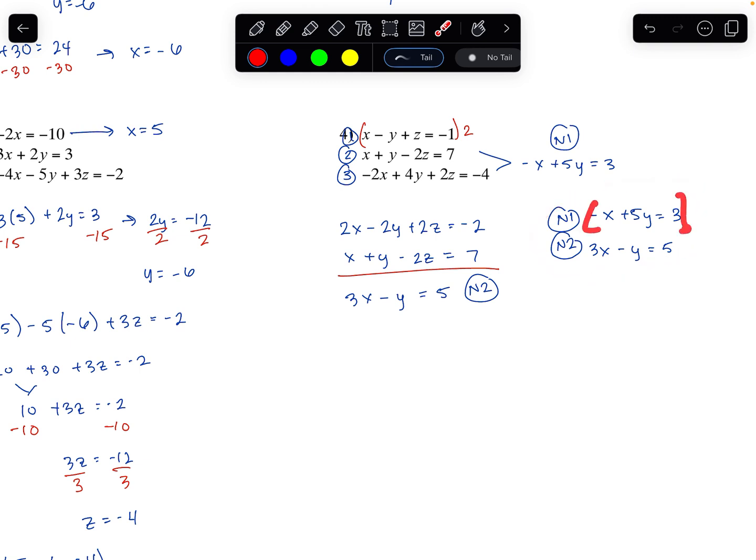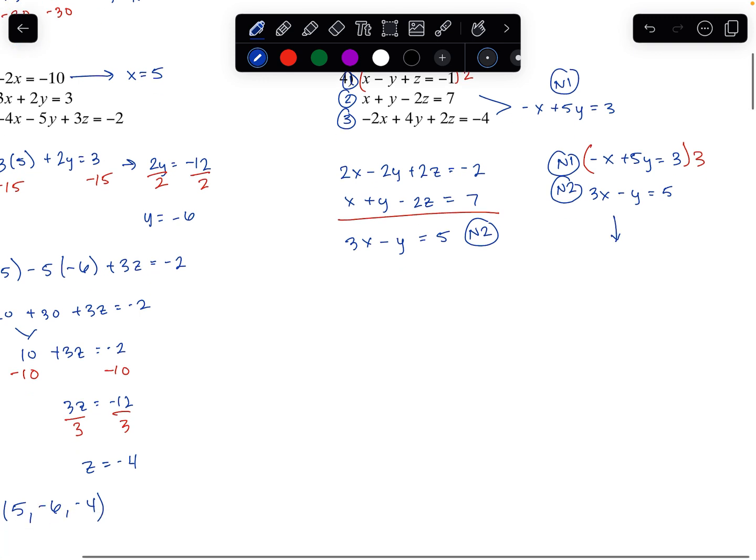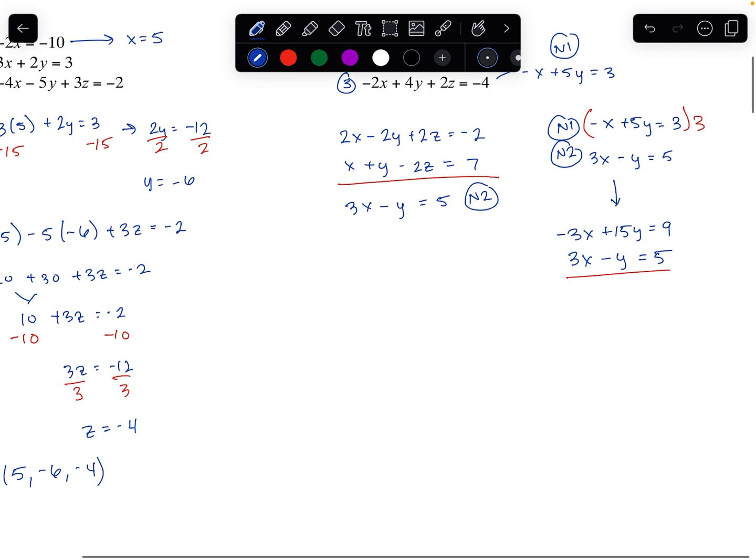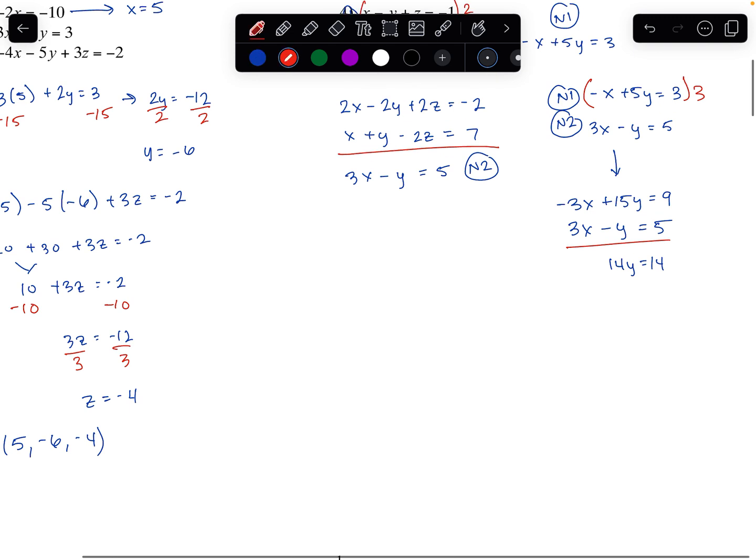I'm going to multiply this by 3 to make this negative 3x. So then I'm going to get negative 3x plus 15y equal to 9. And then the second equation stays the same. And now I'm going to add them. Negative 3x and 3x will go away. I'm going to get 14y equal to 14, and I divide by 14, and you get y is equal to 1.